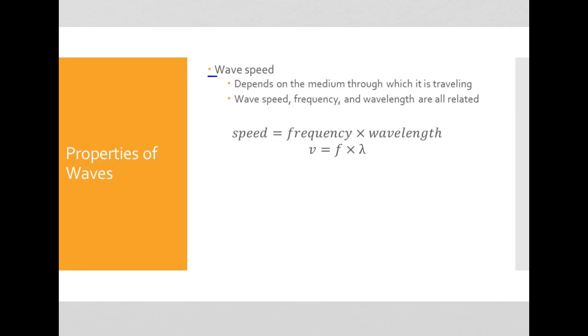We can also talk about wave speeds. We talked about the wavelengths, the frequency by which the waves come, and the period of the waves. Wave speed is basically going to be the frequency multiplied by the wavelength, but I do want you to know that wavelength depends on the medium through which it is traveling. Some waves will be slower between mediums. When it transfers from one medium to another, it might slow down or it might speed up depending on which direction it's going and which medium has certain properties.